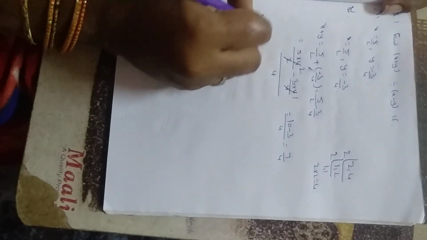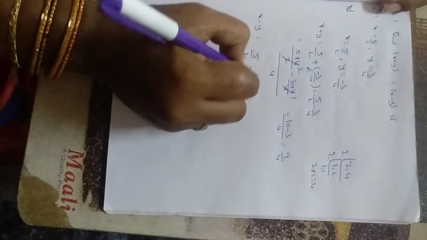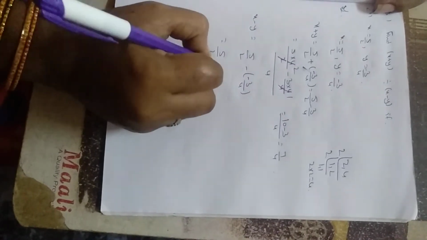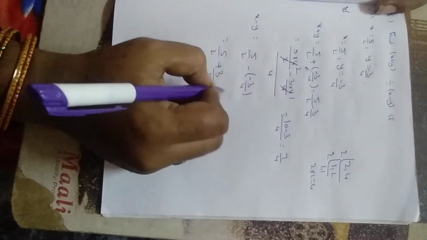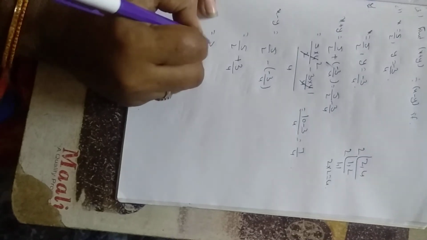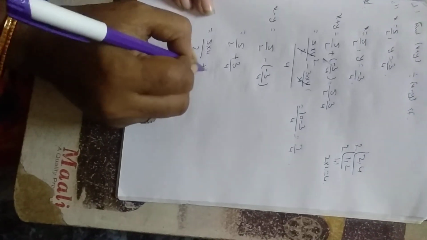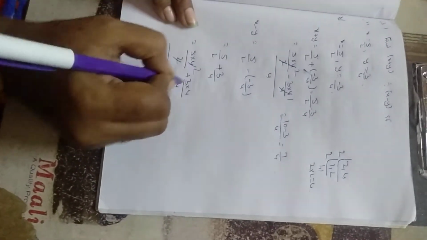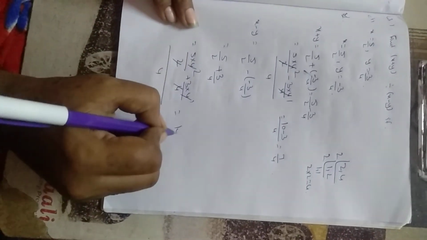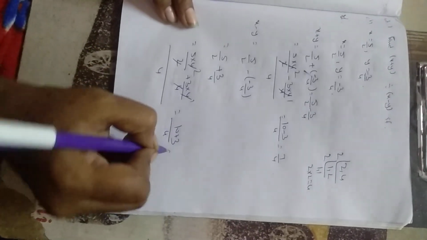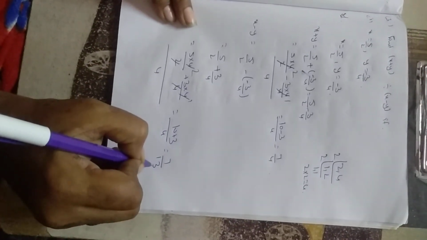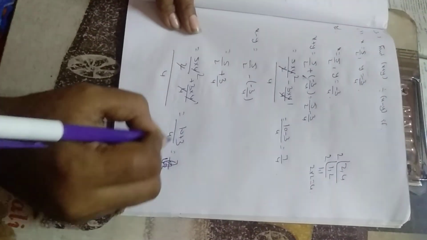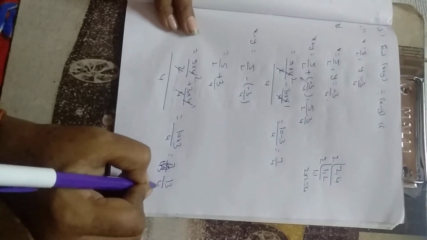Next, x minus y equal to 5 by 2 minus of minus 3 by 4, that equals 5 by 2 plus 3 by 4. Here also LCM is 4. So 5 into 4 divided by 2 plus 3 into 4 divided by 4, whole by 4. 5 2s are 10 plus 1 3s are 3, whole by 4, that equals 13 by 4.